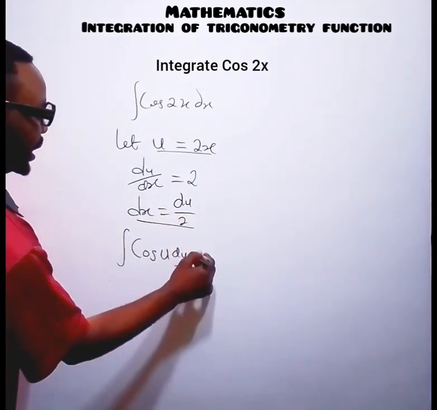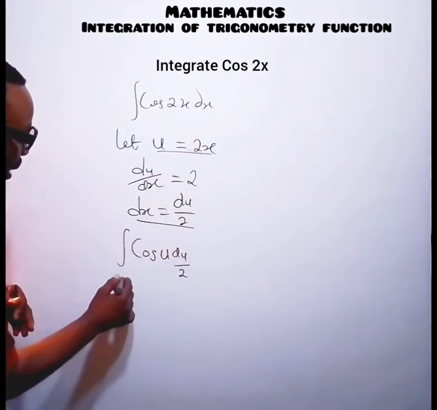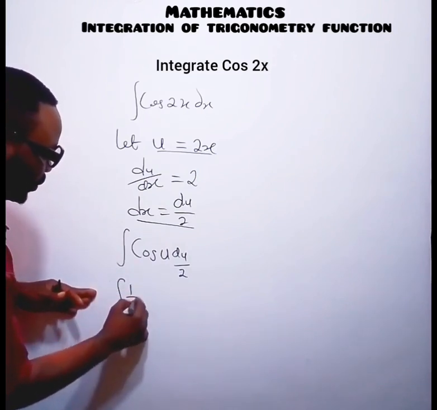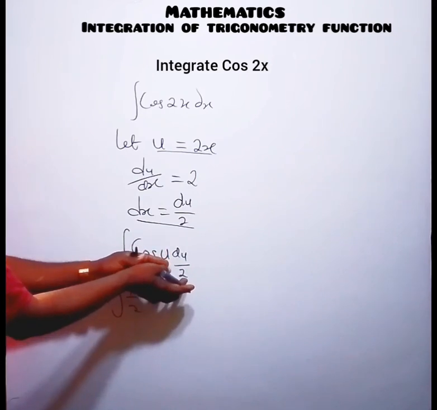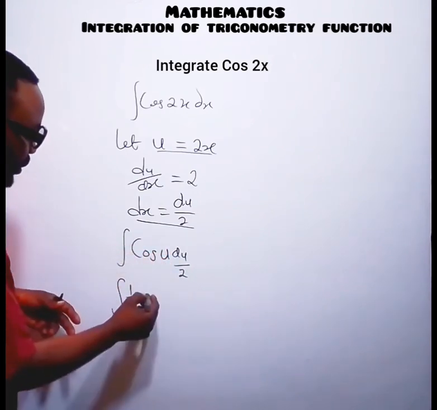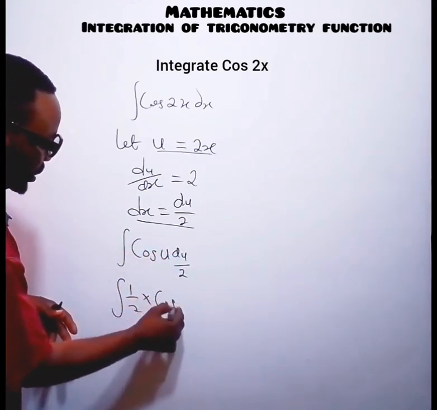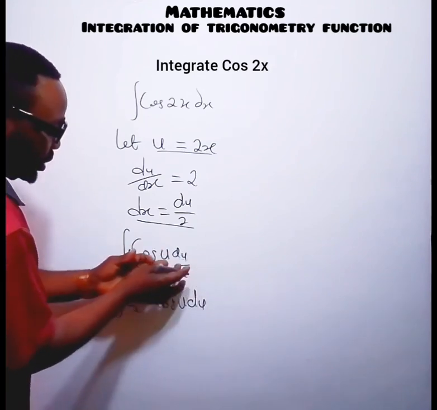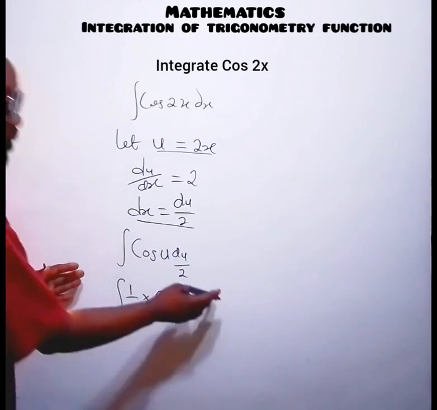So in this regard, I can say that this value is as well equal to 1 over 2, because this 2 is at the denominator here, 1 over 2 multiplied by cos u du. You can see 1 over 2 is still the same value here.